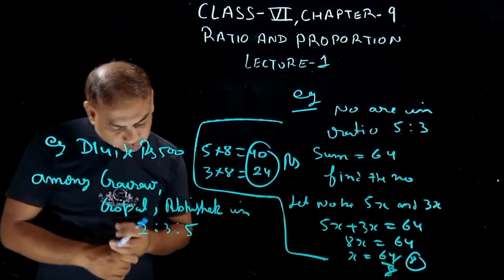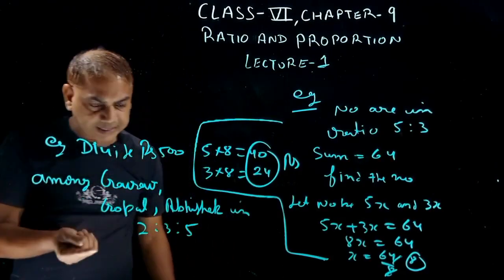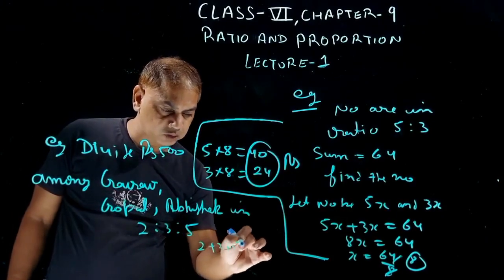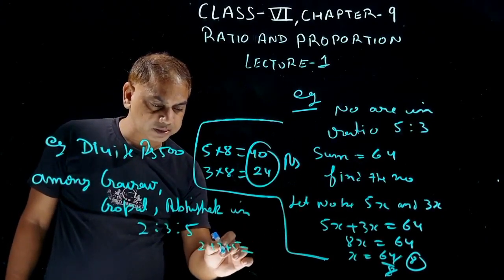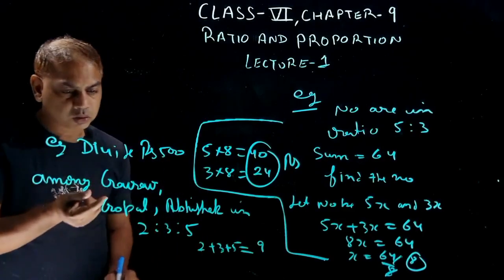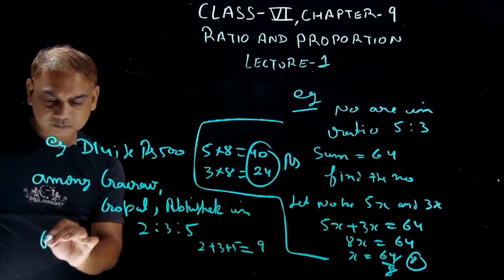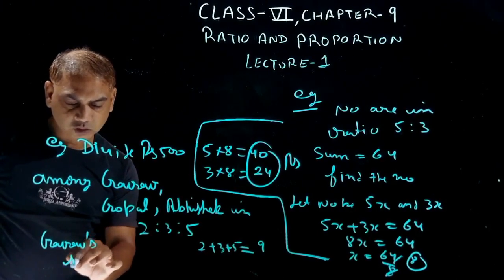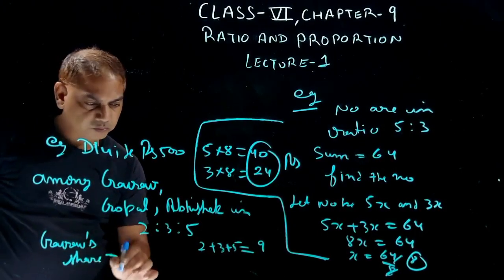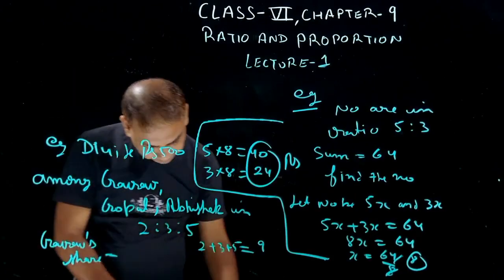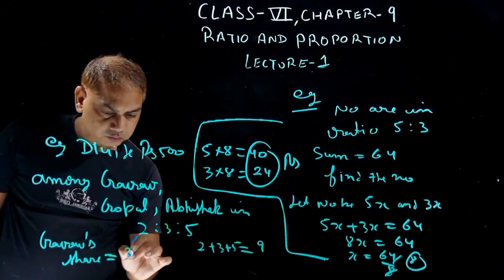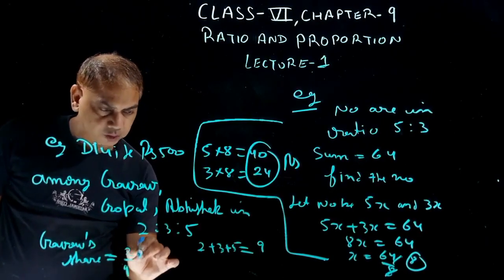So what we will do, students, we will add these ratios. You add them. 2 plus 3 plus 5 is equal to how much? 5 plus 3 is 8 plus 2 is 10. Now Gaurav's share is equal to 2 upon 10 into the total.